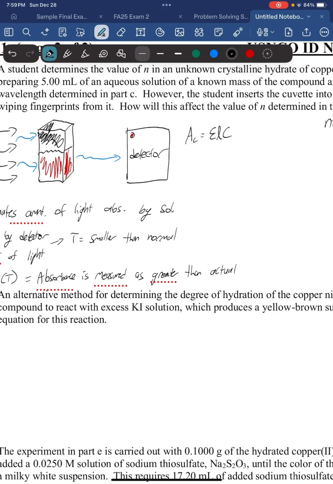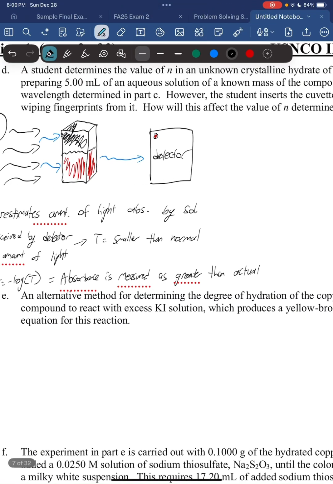Now, if we want to determine how the concentration is affected, how do we relate this to our other formula?